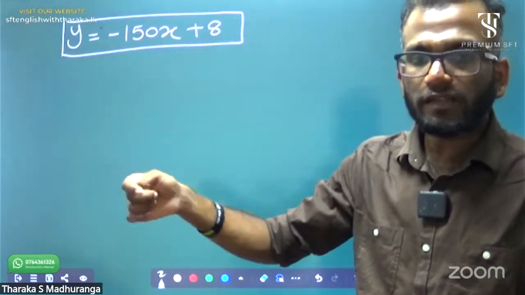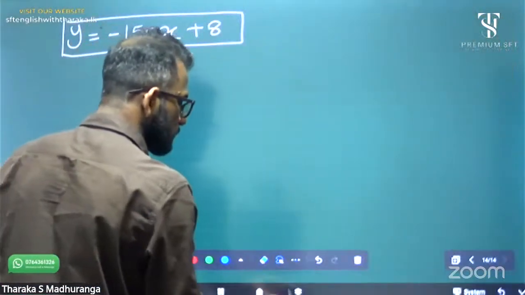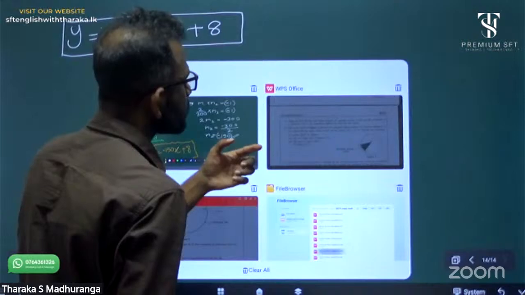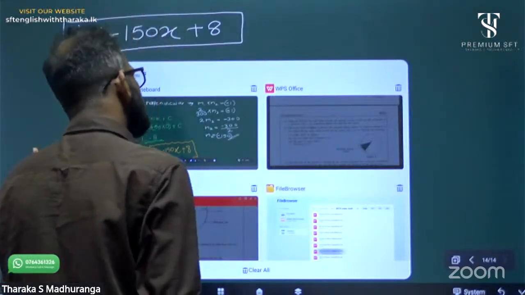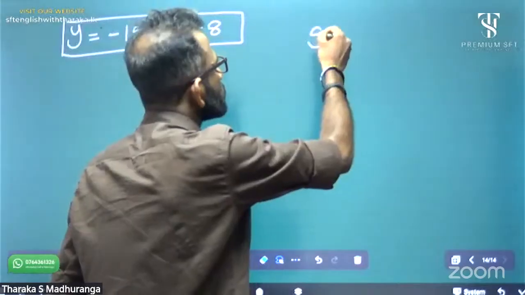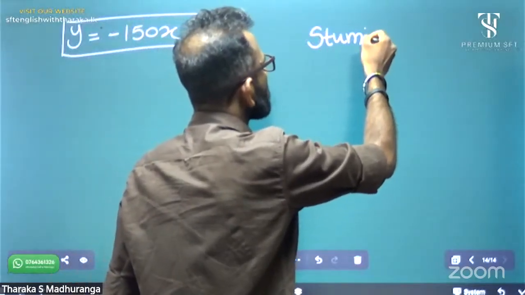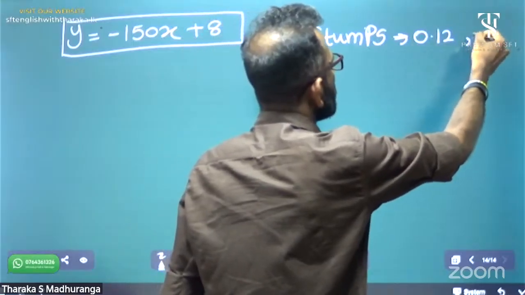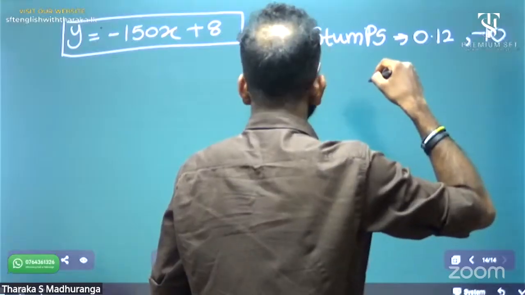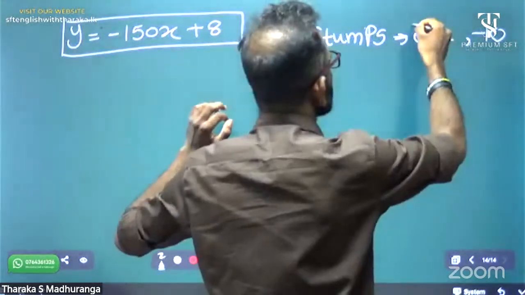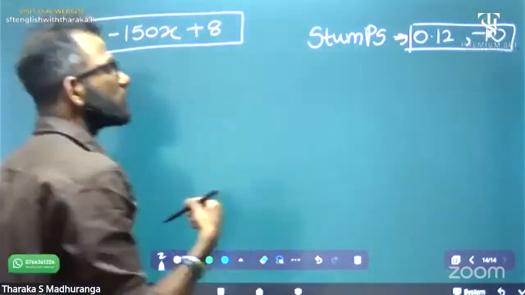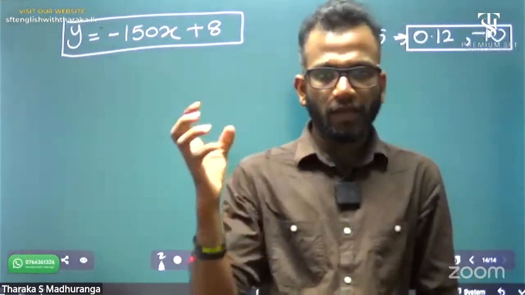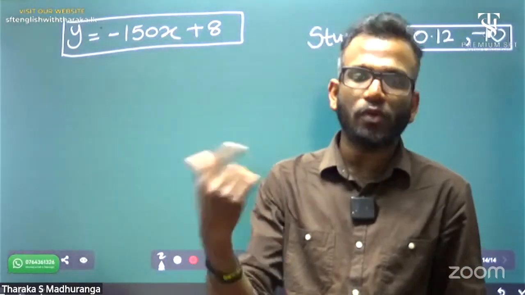The stump coordinates are (0.12, minus 10). The question asks whether the ball hits the wicket or not.